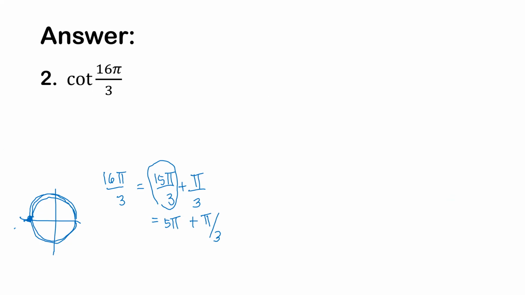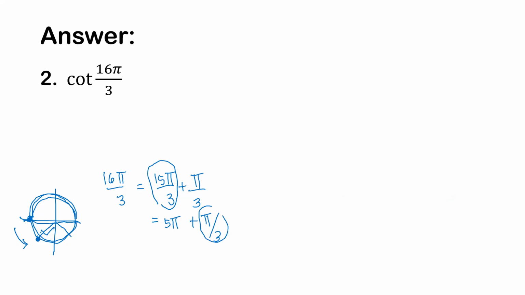So, pag ganon, pi over 3 is like here. Okay? So, it's like ito yung pi. So, hatiin natin siya into 3. So, kung pi over 3, dito lang siya. Okay? So, that means we're on the third quadrant. So, positive na naman, no? Pi over 3 yung kailangan natin.